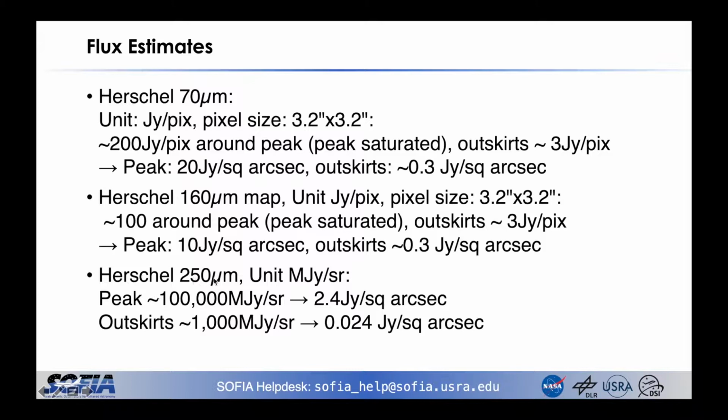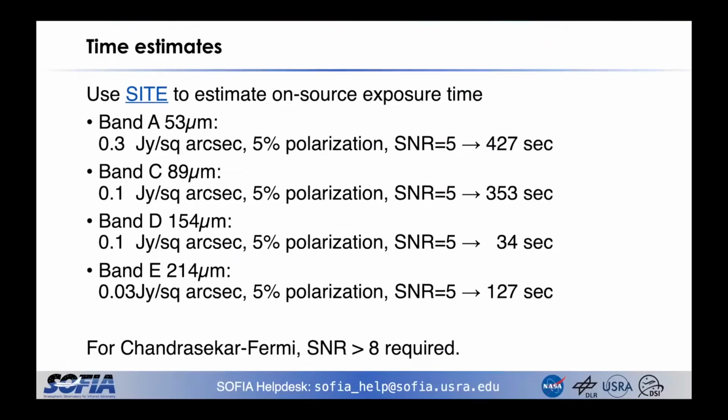Now Herschel 250 micron map, that was SPIRE. Unit was megaJansky per steradian. In the outskirts, around 1000 megaJansky per steradian. That translates to 0.024 Jansky per square arcsecond. And these are the numbers that we will need for our time estimate.